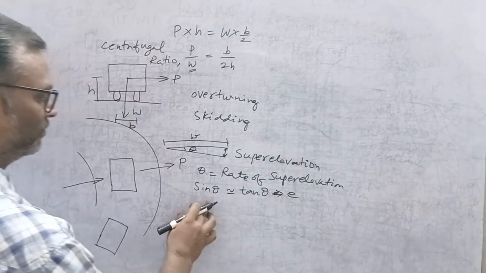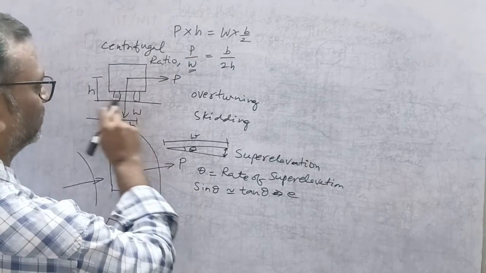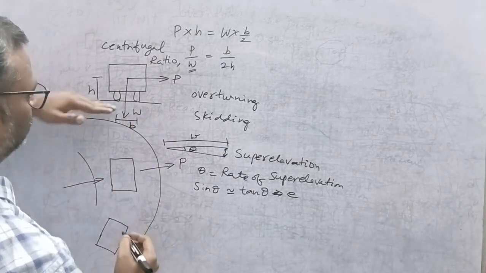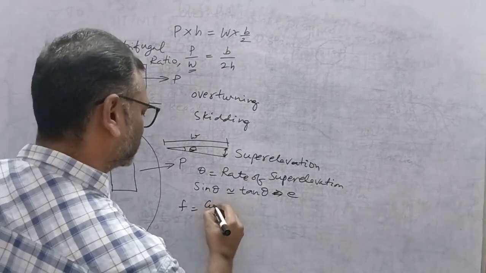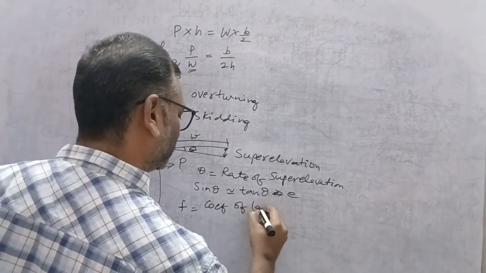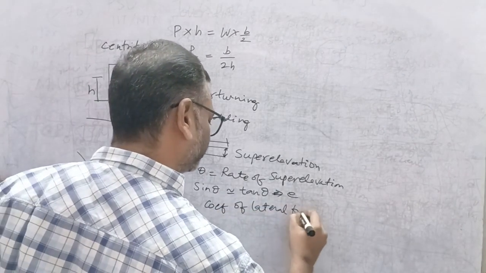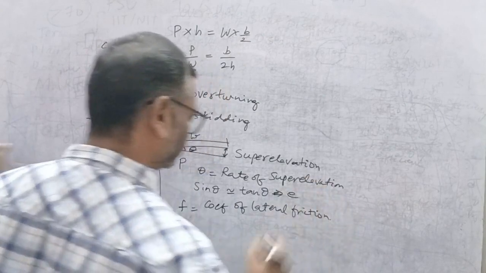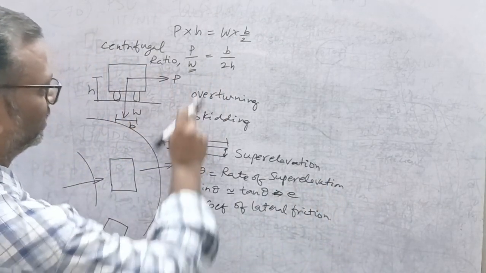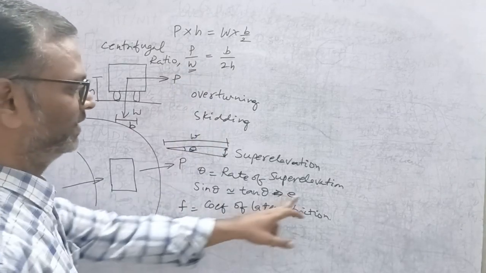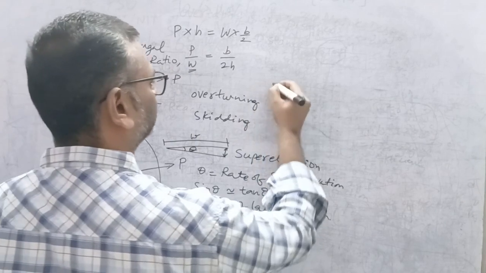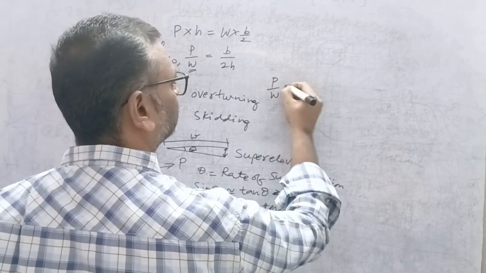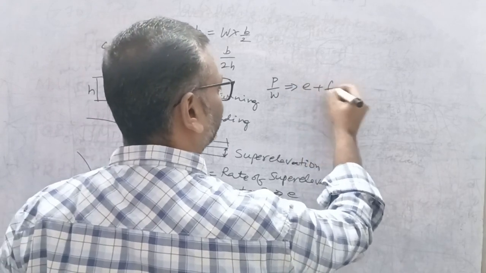Also, we have the coefficient of lateral friction, lateral friction along the road, f. So the centrifugal ratio is counteracted by the rate of super elevation and lateral friction. So P by W is e plus f.